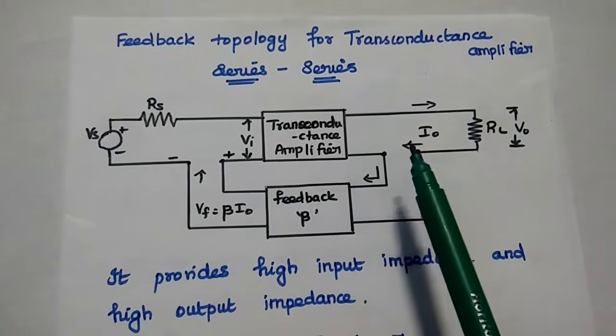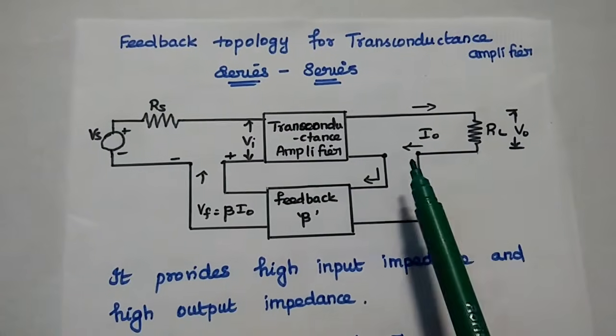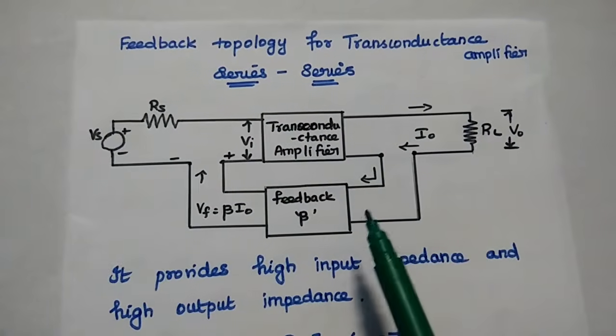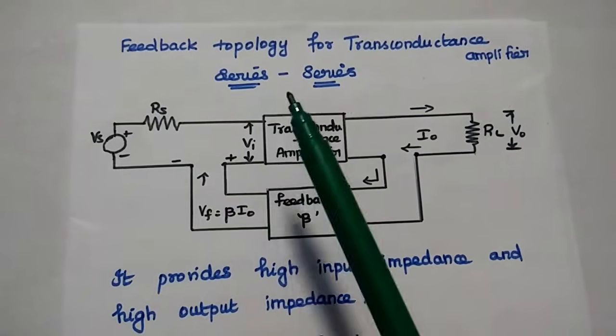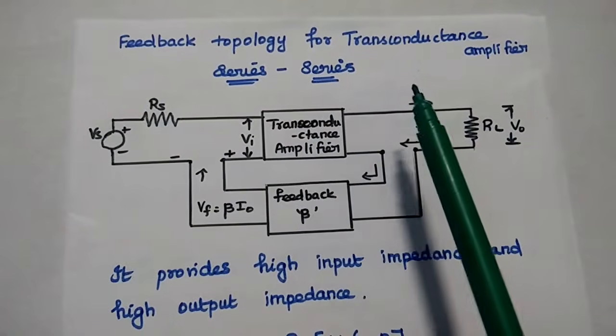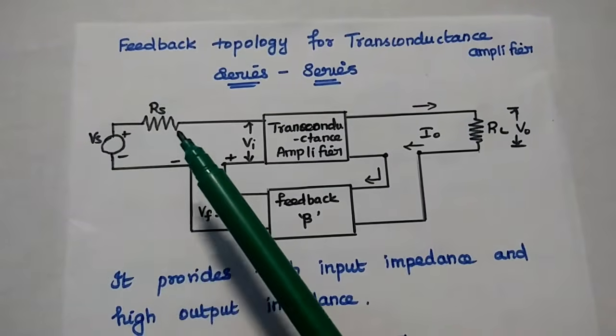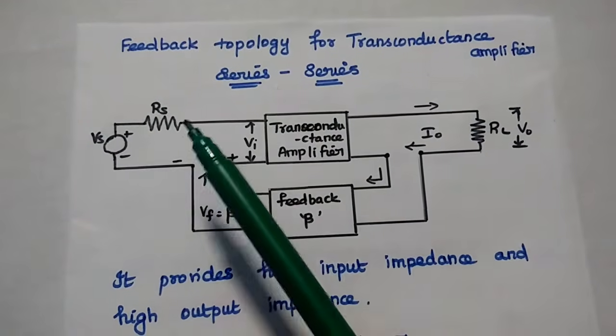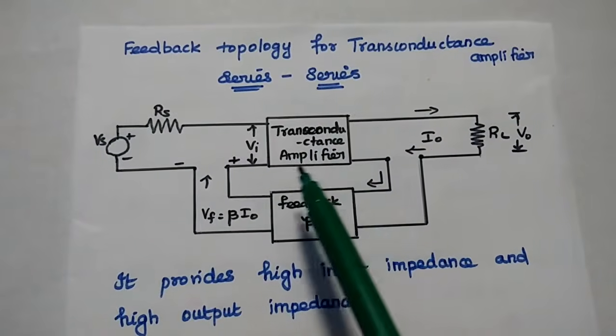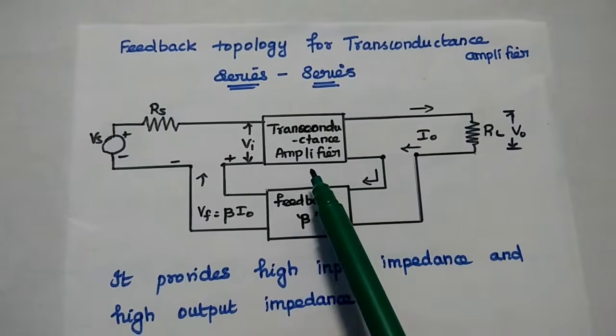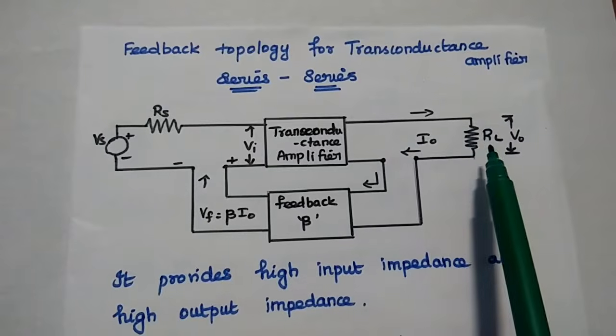This is the current sampling series mixing feedback topology for the transconductance amplifier, also called the series topology. Here the input is a voltage signal, so we can use Thevenin circuit Vs in series with Rs. Then the transconductance amplifier, a basic type of amplifier, and then the load resistor.